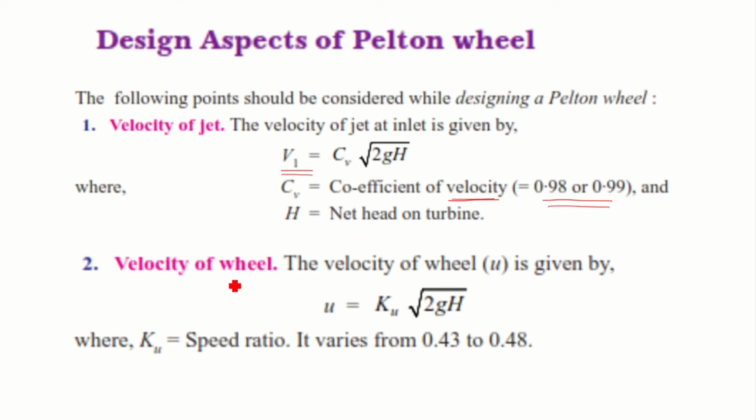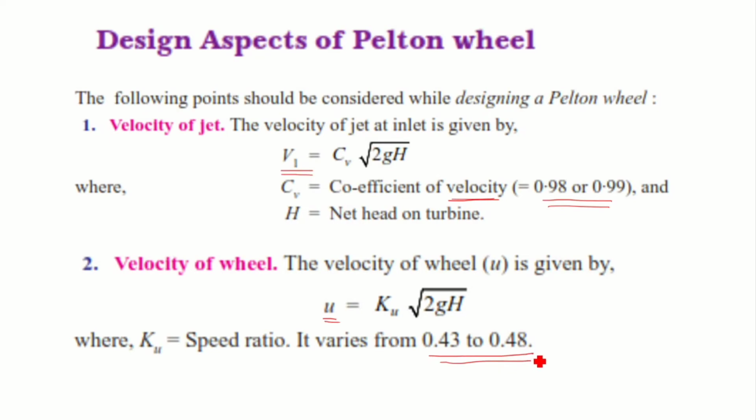Next, velocity of the wheel. Velocity of the wheel means the velocity with which the turbine rotates. So velocity of the wheel will be u is equal to ku into root of 2gh. So the value of ku will be from 0.43 to 0.48.